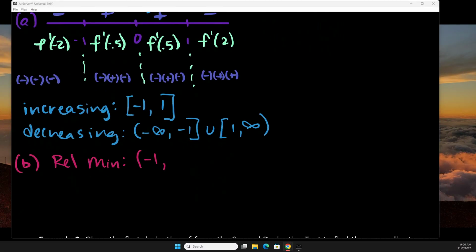Now we will need to plug that into the original function. Plugging in -1 and 1 is pretty easy. You can do that in your head. But it looks like we're going to get 3 minus 5, or -2.